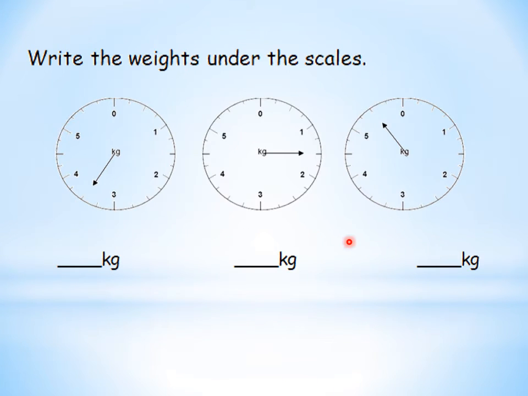Now we have another set of scales. But here what do I have different? Between each two numbers, I have 4 parts. So this dash, where is it between the two numbers?